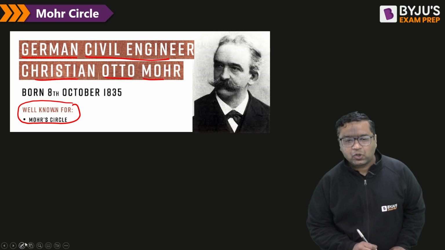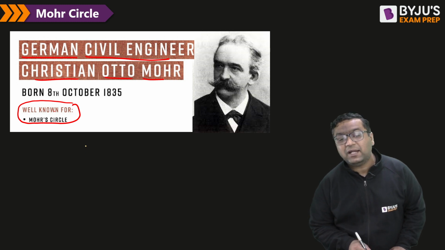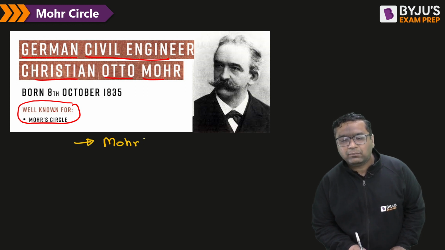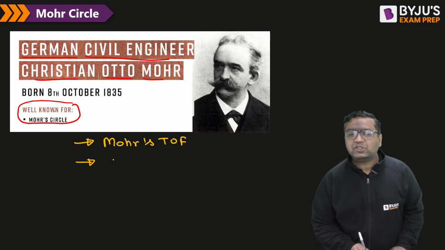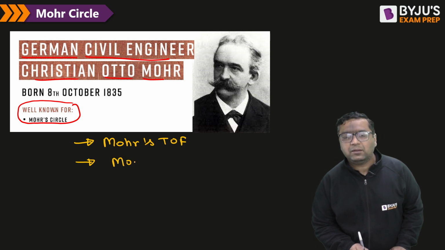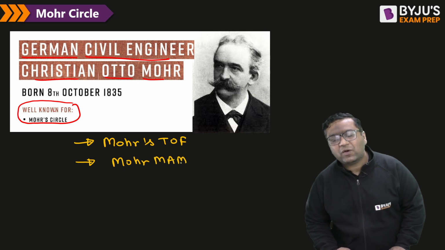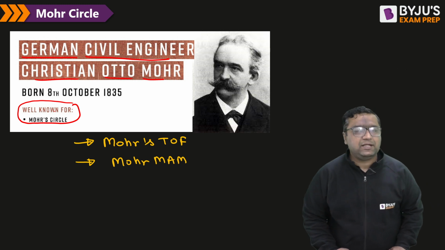If you want to know what other things are related to this person, there is Mohr's theory of failure, which was given by Mohr. Other than that, you must have studied the deflection topic. In the deflection topic, the Mohr moment area method to find out the slope and deflection is one of the other things related to this person.